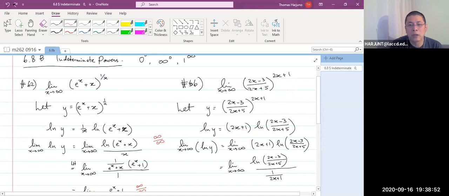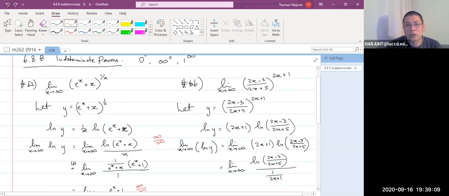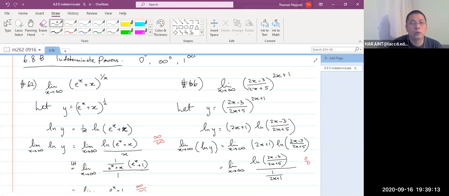Now, here, when x goes to infinity, this goes to 0. This goes to 1, but natural log of 1 is 0. So you get a 0 over 0 case here. So I will apply L'Hopital's rule.